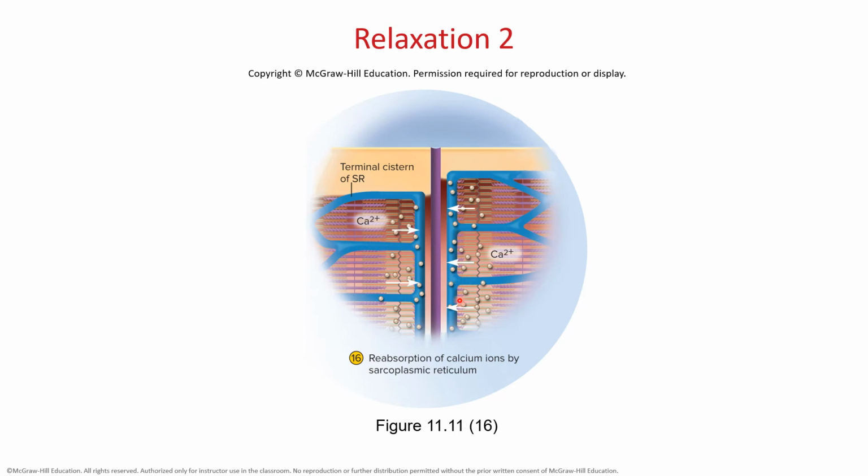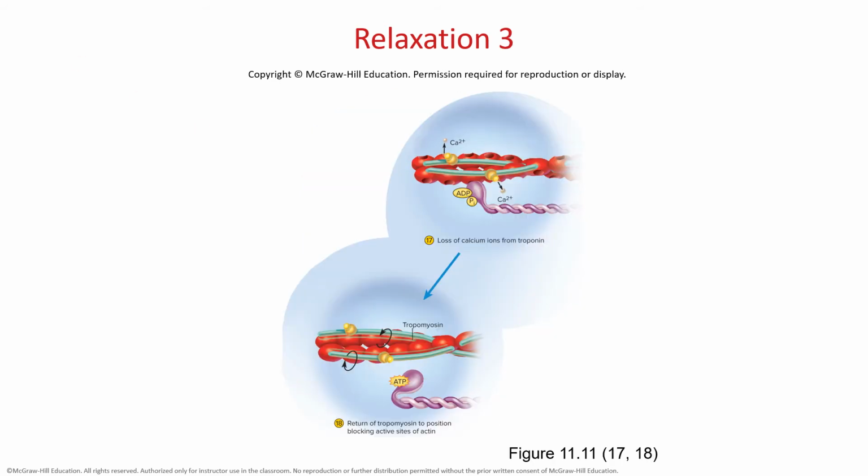So we're going to stop releasing that calcium, we're just going to keep reabsorbing it. Since the sarcoplasmic reticulum is going to stop releasing the calcium, it's not going to bind with troponin, and if the calcium doesn't bind with troponin, then the tropomyosin is going to cover up those active binding sites, so then the myosin head can't come up and bind with actin.